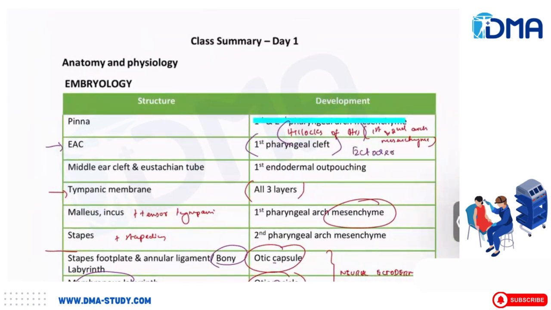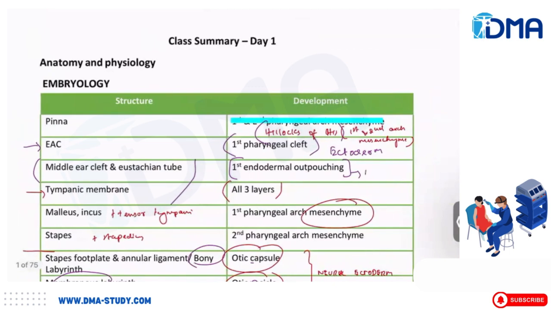Whereas middle ear and eustachian tube develop from first endodermal outpouching from a structure called tubotympanic recess. I repeat it. External ear from ectoderm, middle ear from endoderm.